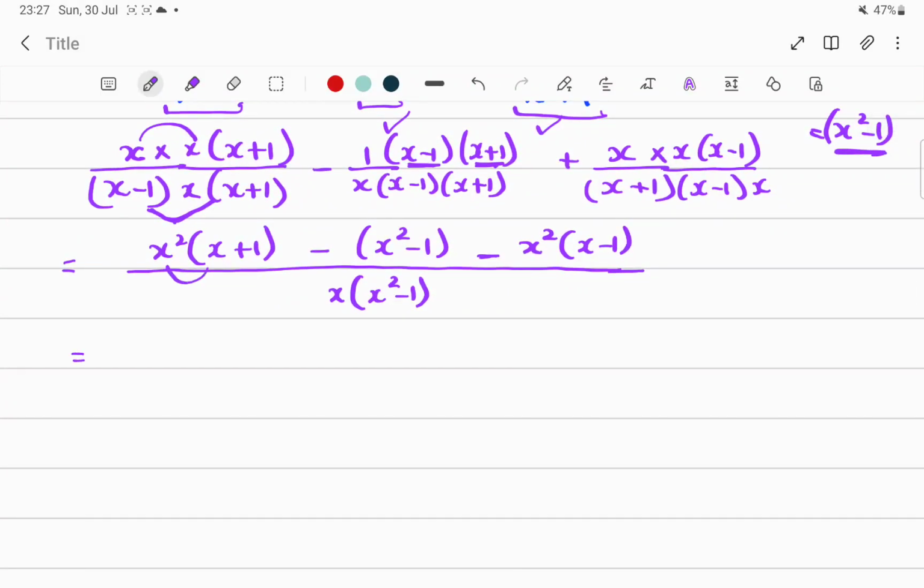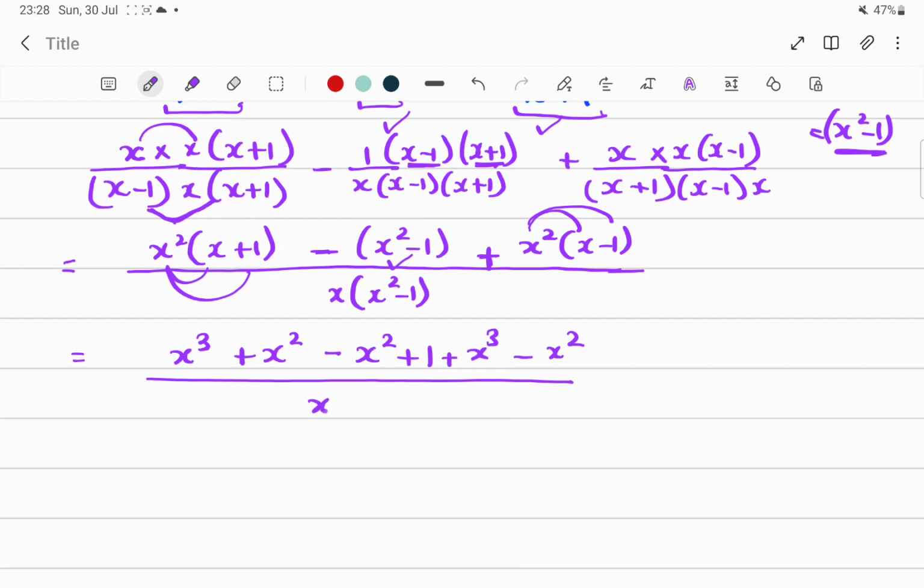Now you can open the bracket. So x squared times x is x cubed plus x squared times 1 is equal to x squared. Open the brackets in the second part. So minus x squared plus 1, because of this negative sign here it is a plus, then plus x cubed and then minus x squared, divided by x times x squared minus 1.